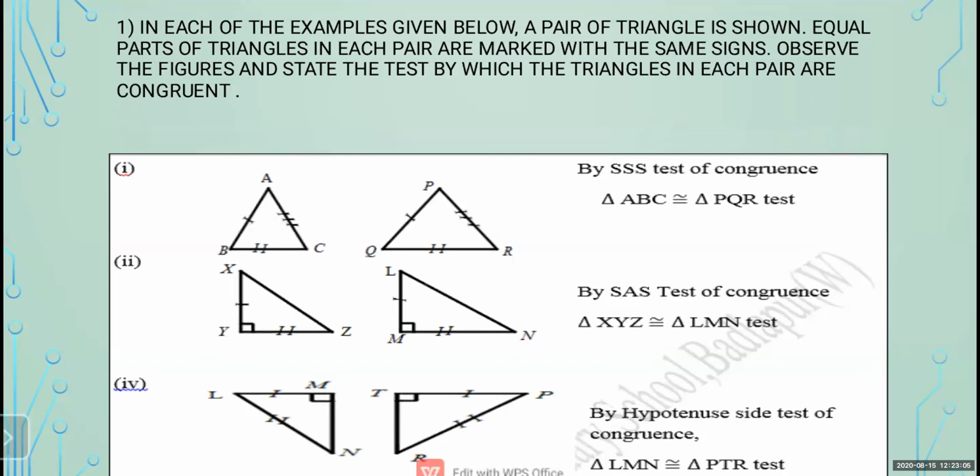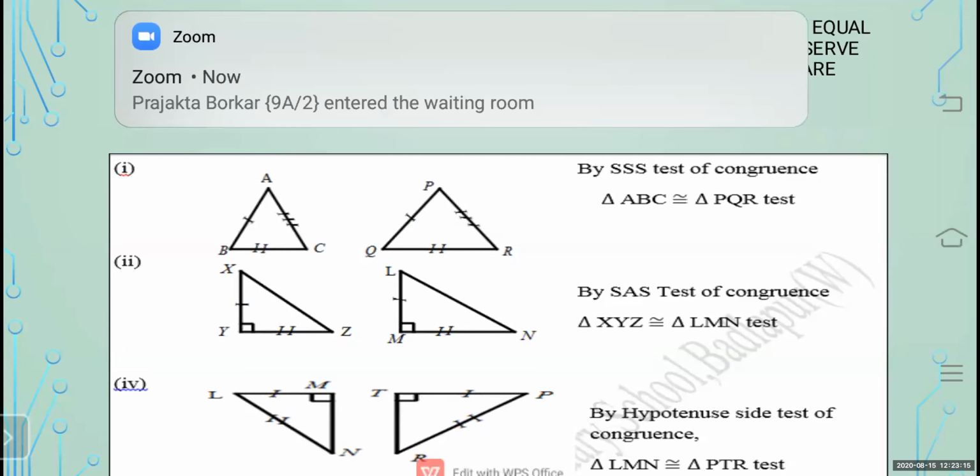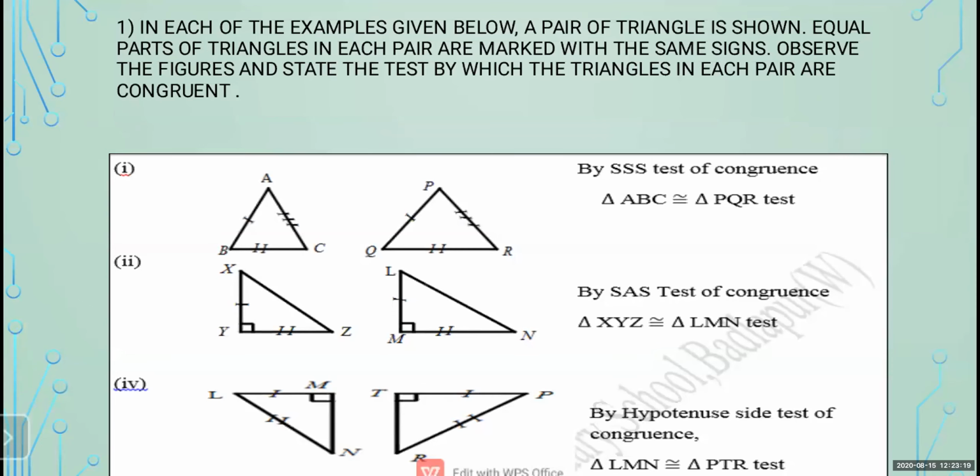triangle LMN and triangle PTR. Okay. So here LM is congruent to PT. Angle M is congruent to angle T. And side LN is congruent to side PR. Okay. So here you can see that these two sides are congruent.